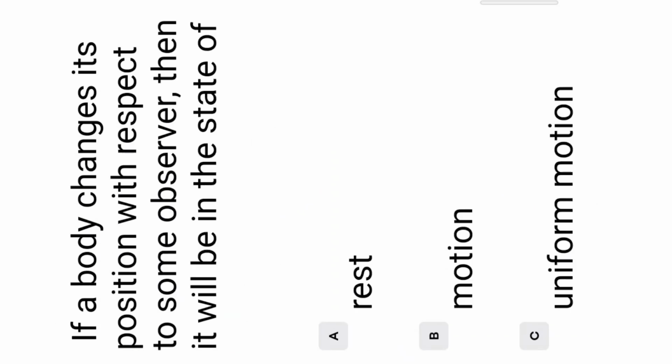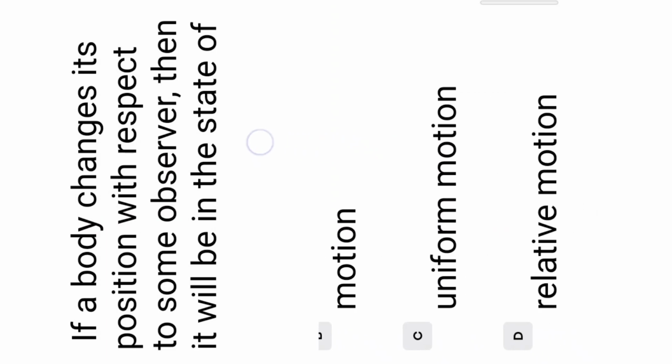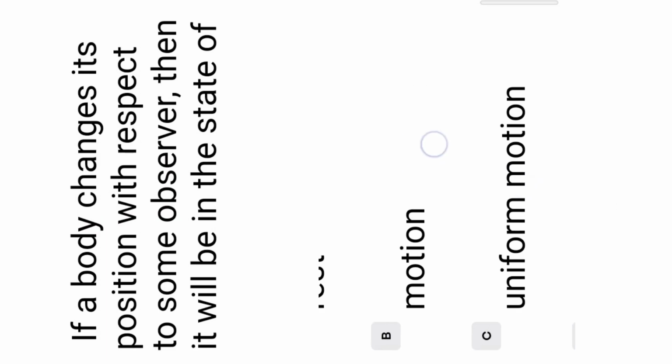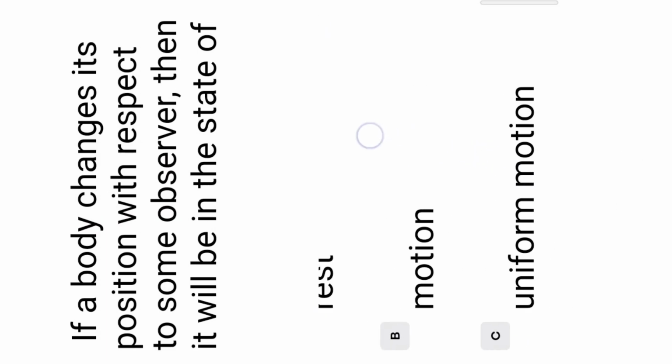If a body changes its position with respect to some observer, then it will be in the state of A rest, B motion, C uniform motion, D relative motion. It will be in motion.